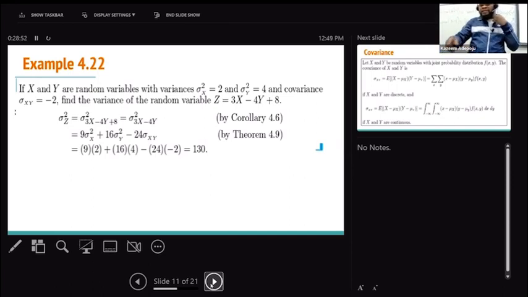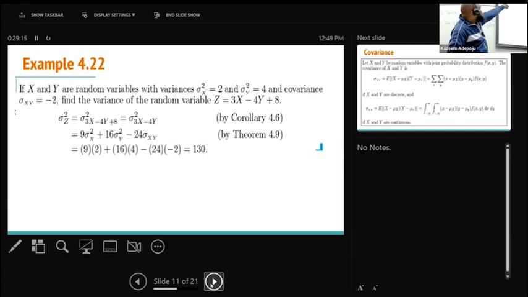The reason they give you a covariance of -2, what are they trying to tell you? X and Y are not independent. When the covariance is not 0, X and Y are not independent. When the covariance is 0, X and Y are independent.